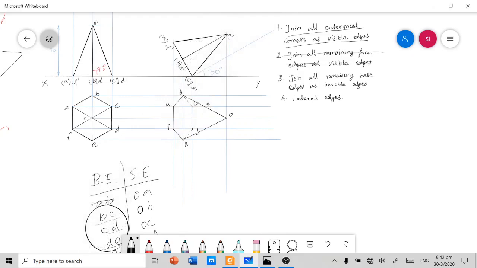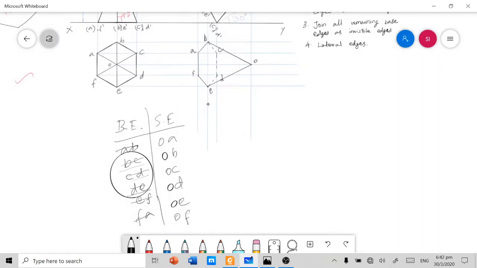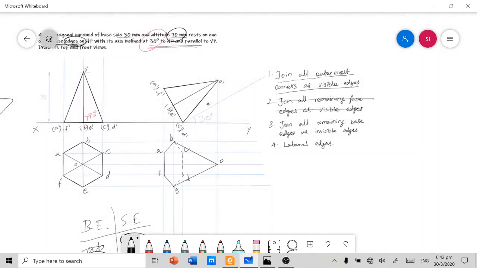Now I connected the remaining base edges as invisible edges, that are the edges BC, CD and DE. And then already the slant edges OE and OB got connected by following the first rule. The remaining slant edges OA, OC, OD and OF need to be connected based on their visibility.